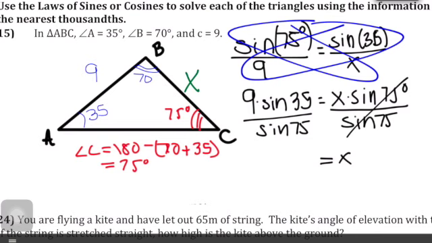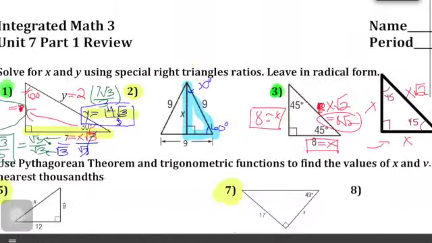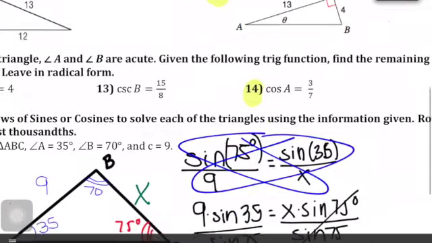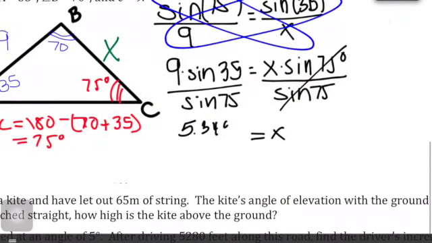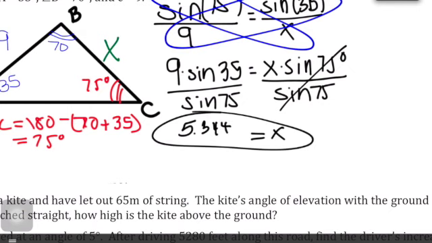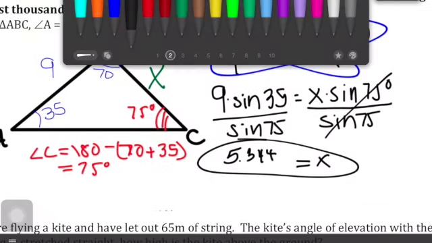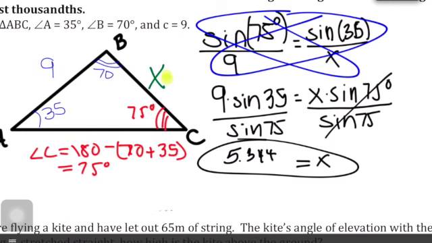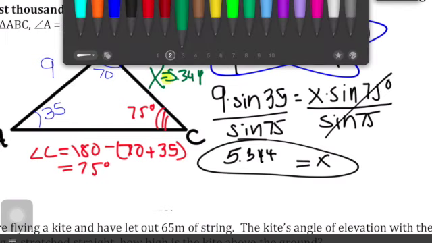So 9 times the sine of 35 divided by the sine of 75 should equal 5.344. There we go. So I found one side length here, I found this guy.